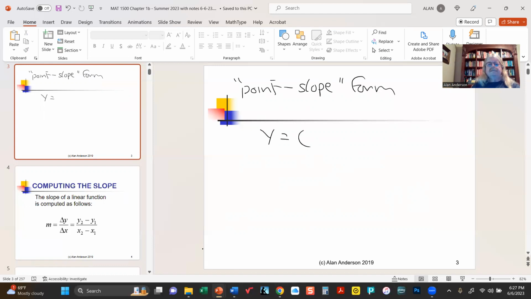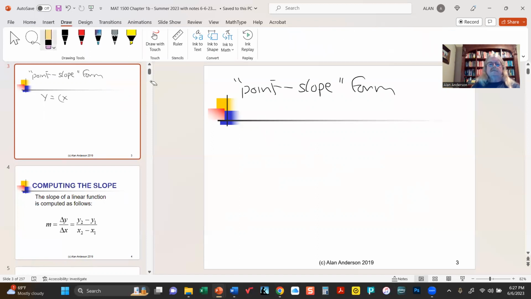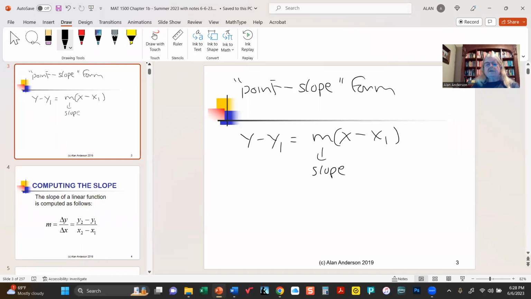So in other words, it doesn't explicitly show you what the intercept is. It has the slope and it has a single point, x1, y1.